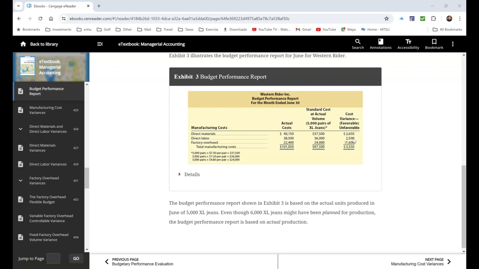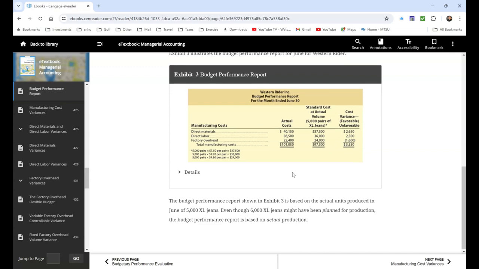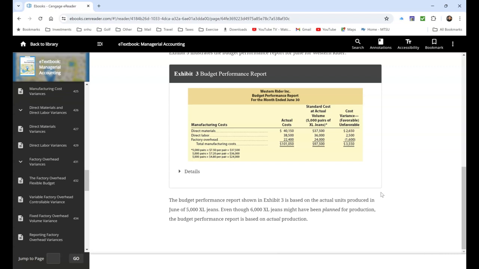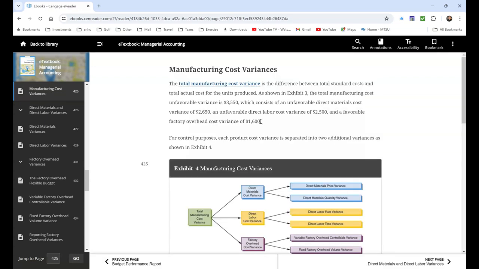But in this case, positive means unfavorable. So we exceeded the standard by $2,650. And so we want to jump in here and find out why. We also exceeded the direct labor by 2,500, but we have a favorable factory overhead.